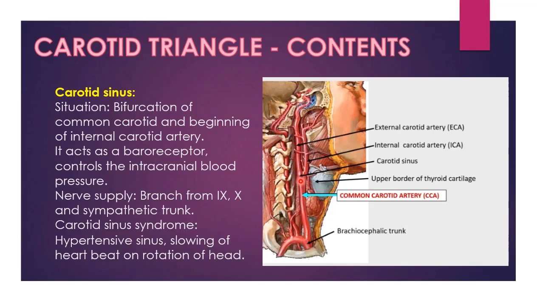It is slightly bulged. The wall is thin, somewhat elastic in nature, and it has a rich nerve supply, mainly from the glossopharyngeal nerve, which gives a branch to the carotid body, the vagus nerve and a sympathetic branch.